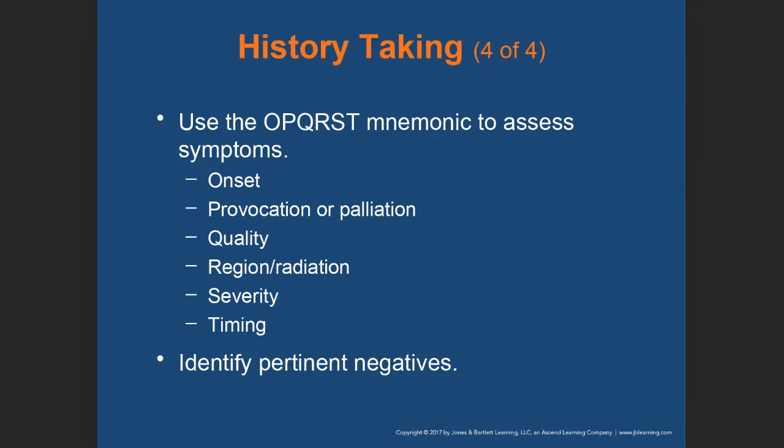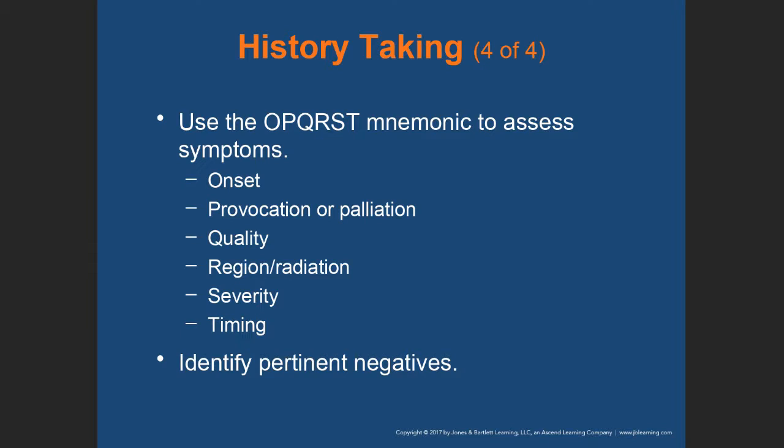You need to find out what the severity was from the onset to determine if it's getting worse or getting better. So the timing: is the pain constant? Does it come and go? Is it consistent pain? Does it start? Does it stop? Or is it just there?